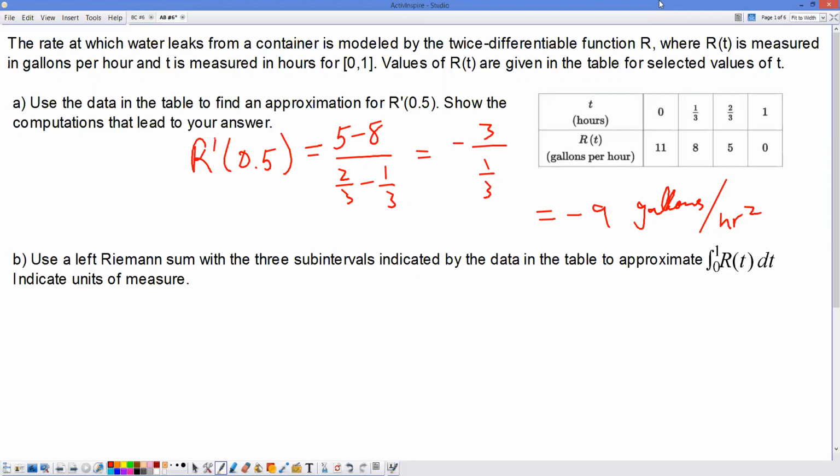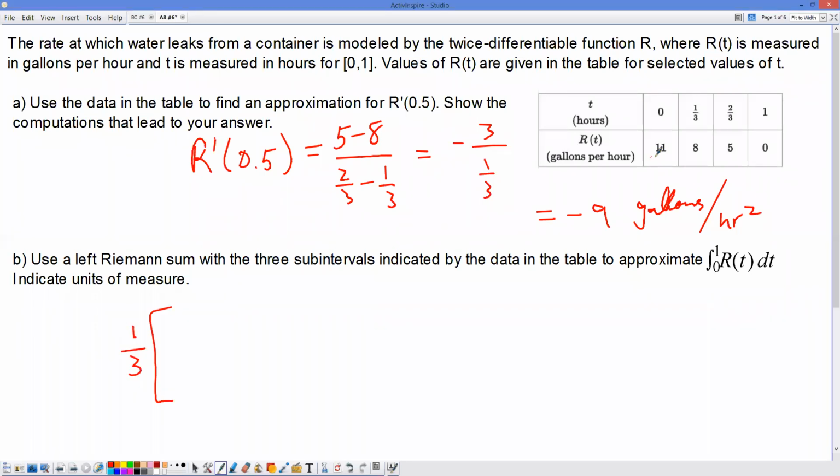All right. So part B, we're going to use a left Riemann sum with 3 subintervals from the table to approximate the integral from 0 to 1 of R. So using the left Riemann sum, these are all equal subintervals. So we can put just the length of each subinterval out in front, which is 1/3.